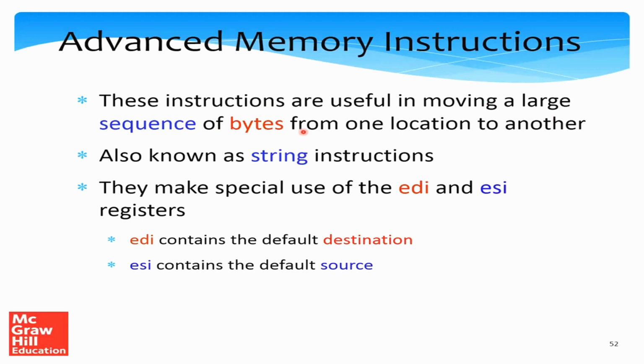Instructions that help us in moving a long sequence of bytes from one memory location A to memory location B are known as string instructions. The string instructions make special use of the EDI and ESI registers, as we had discussed in one of the earlier slides. EDI contains the default destination and ESI contains the default source.